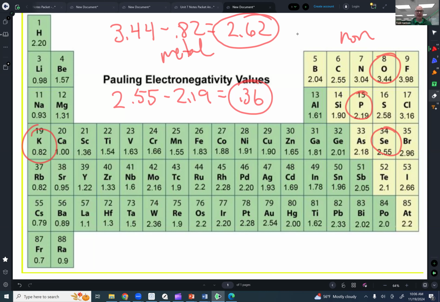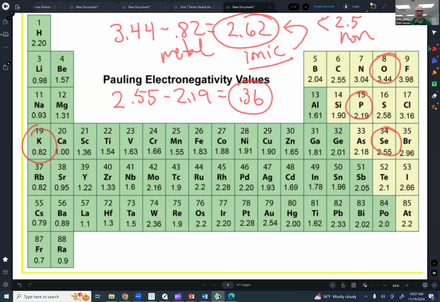This one is an ionic bond, but we have proof of that mathematically because this value is greater than 2.5.